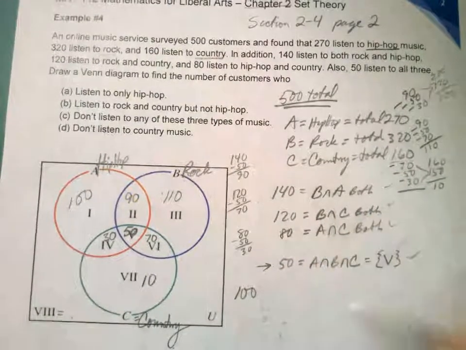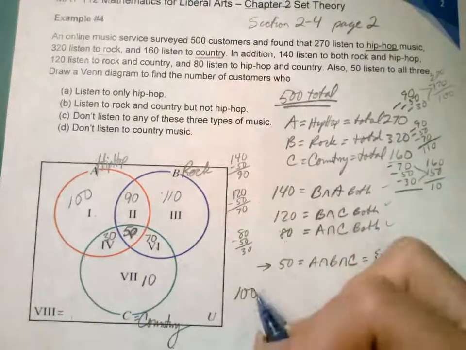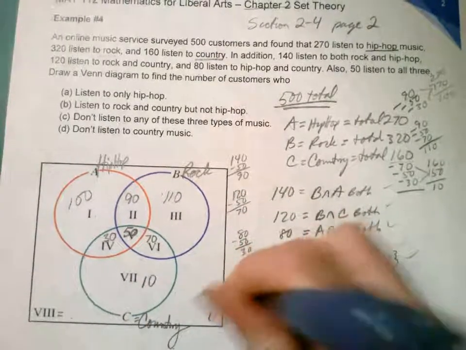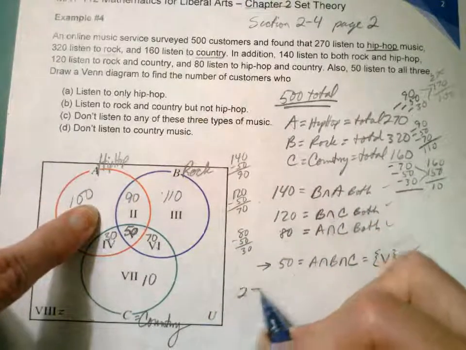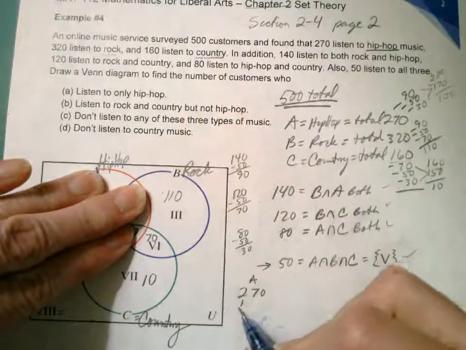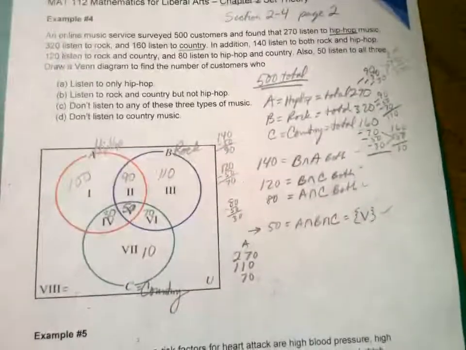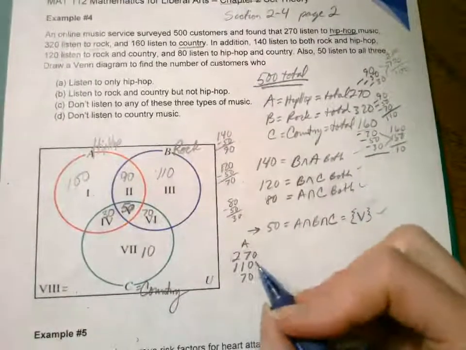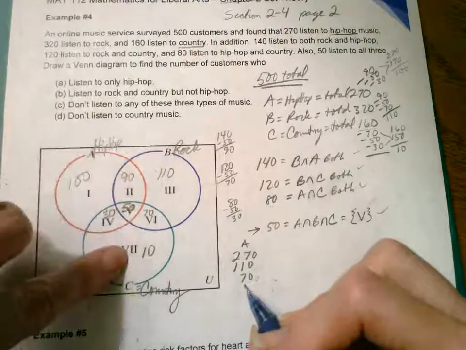What you do, because I'm not thinking totally straight, let's be logical about this. I can take the entire A. The entire A is 270. But that means I can't take these. So I need to add 110 and 70. I'm having a rough time. 270, all of A, 110, 70, and 10.